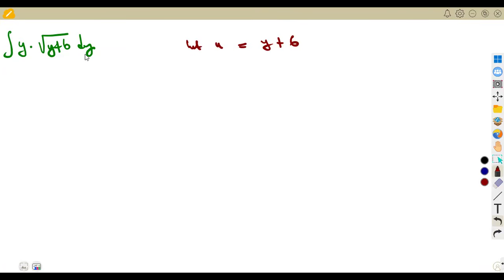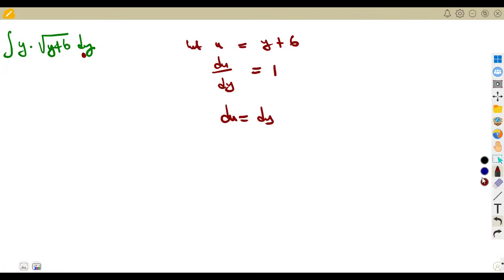We need to find dy, and thus we have to find the derivative of u with respect to y, which is going to give us a 1, and the 6 is a constant, so that's a 0. So in this case, du is equal to dy. They're just the same. So what's the purpose?